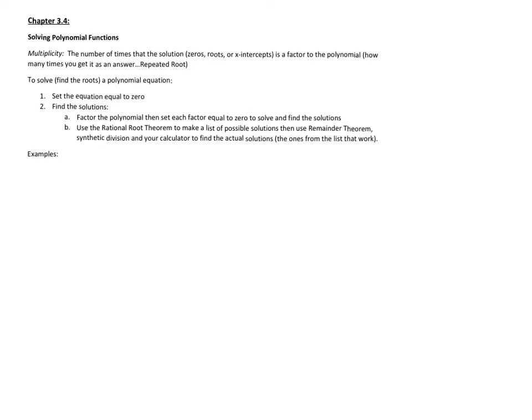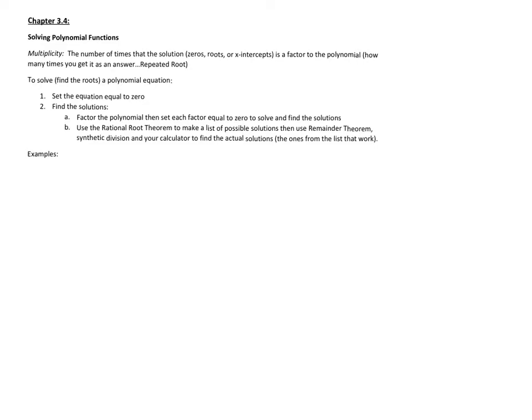So when we solve a polynomial, there's a few things that we need to look at or talk about first. One thing we want to talk about is the multiplicity. The idea of a multiplicity, which is also called a repeated root, means that the factor or the solution is counted more than one time. It can look like a couple of things.